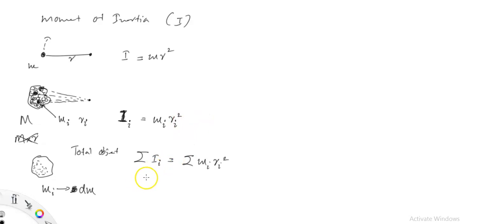Then we can say the total I equals the integration of all these dm's with their respective r squared. So we add all of them, starting from 0, do an integration, and we get the total moment of inertia.